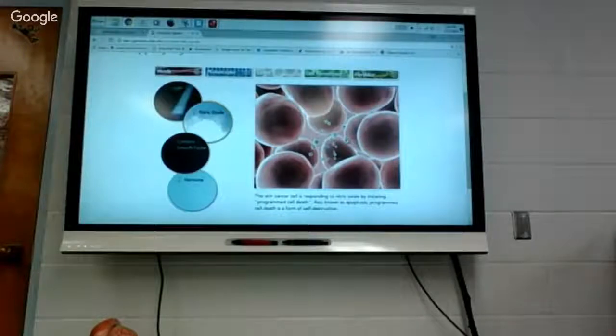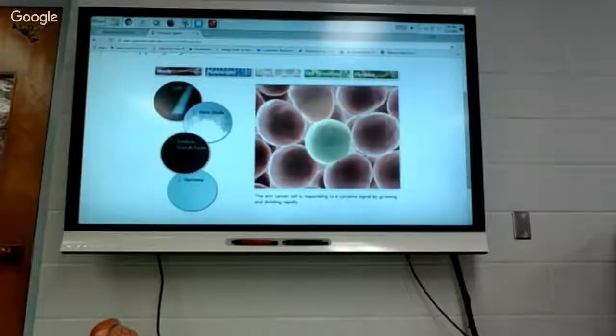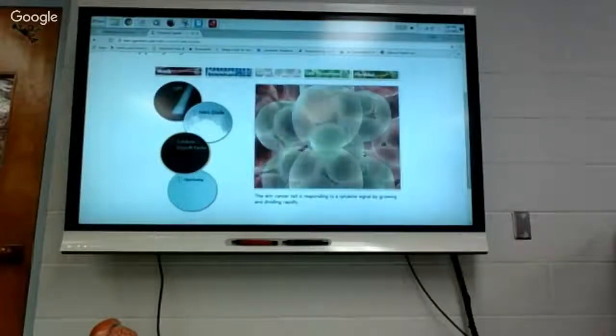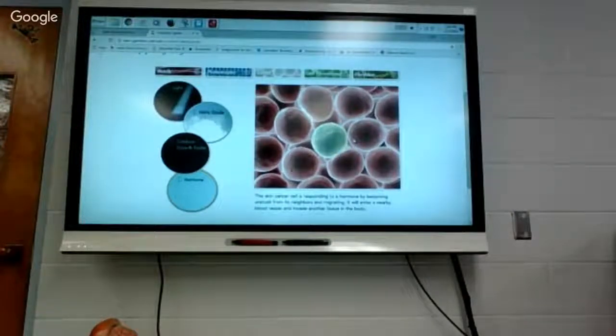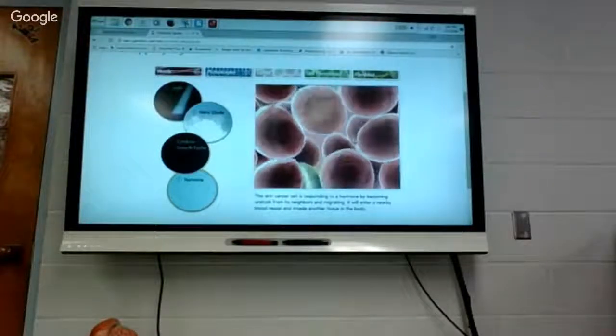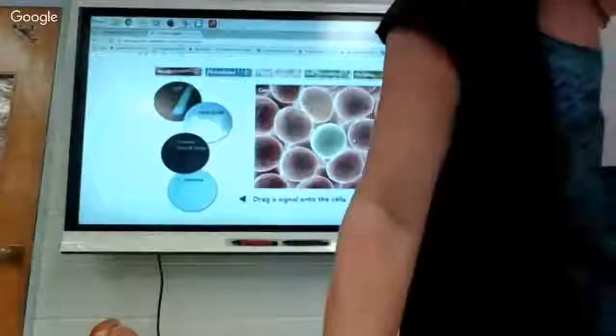Also known as apoptosis, programmed cell death is a form of self-destruction. This skin cancer cell is responding to a cytokine signal by growing and dividing rapidly. This skin cancer cell is responding to a hormone by becoming unstuck from its neighbors and migrating. It will enter a nearby blood vessel and invade another tissue in the body.